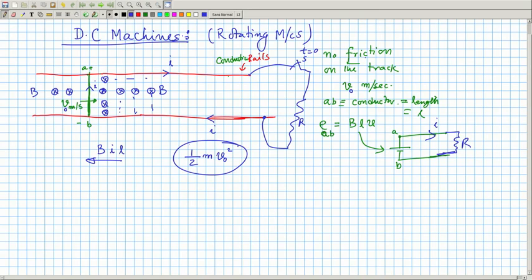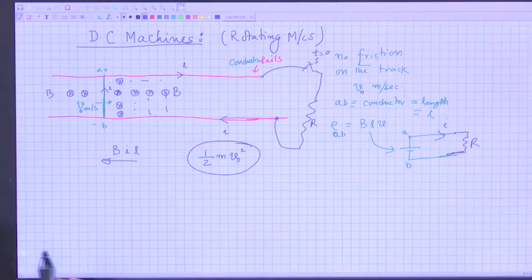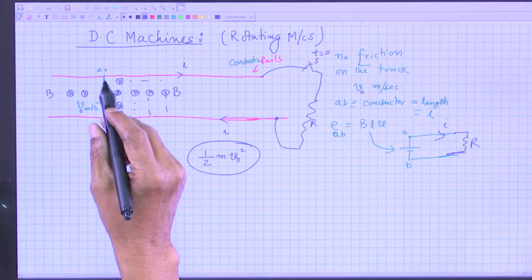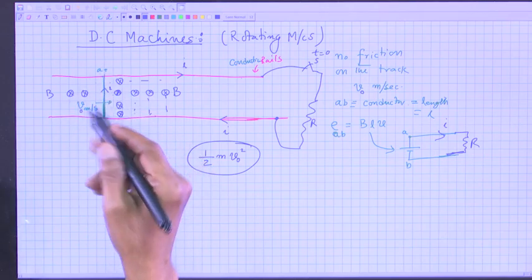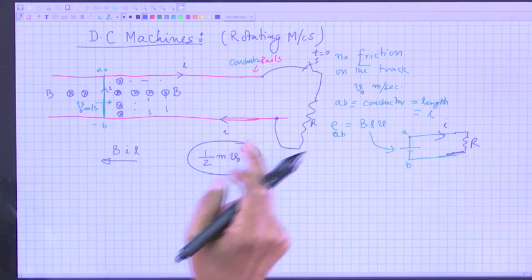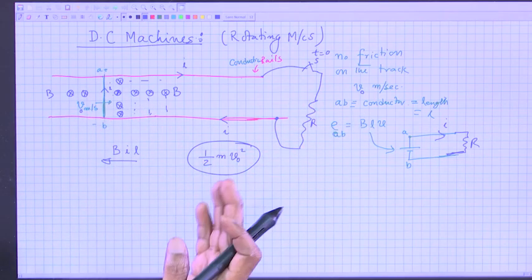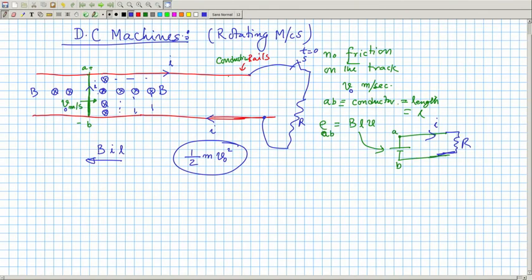That kinetic energy was somehow imparted. But when you close the switch, the energy is getting extracted from its kinetic energy and is dissipating here, and that kinetic energy was finite. Therefore, finally, it will become 0, all the energy will be dissipated here.